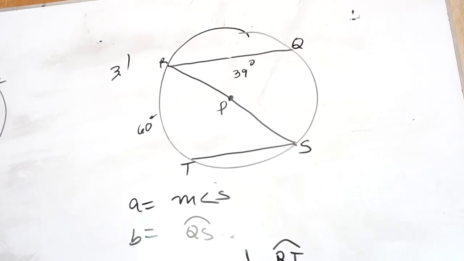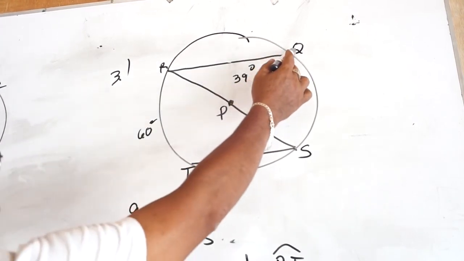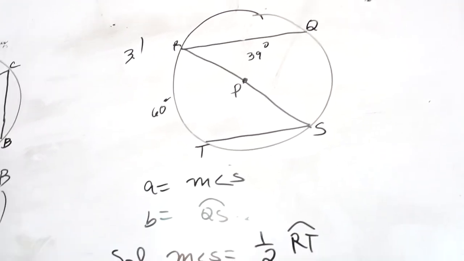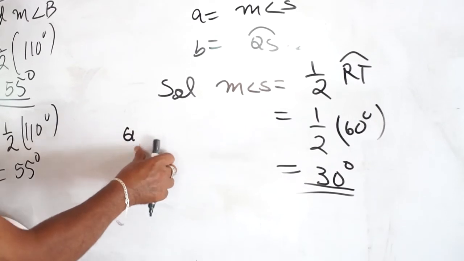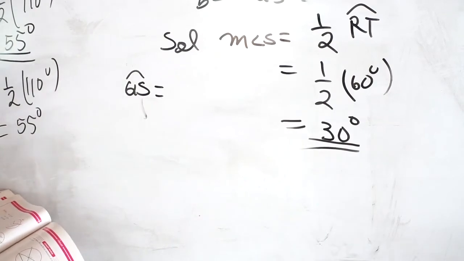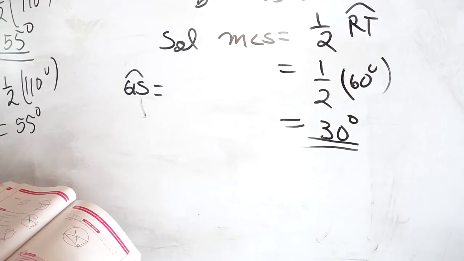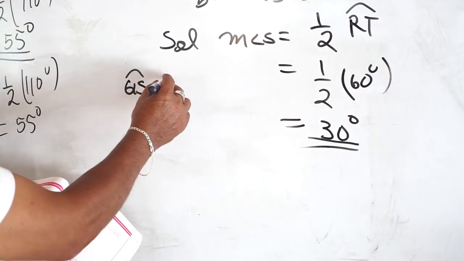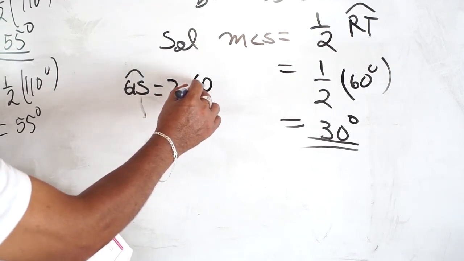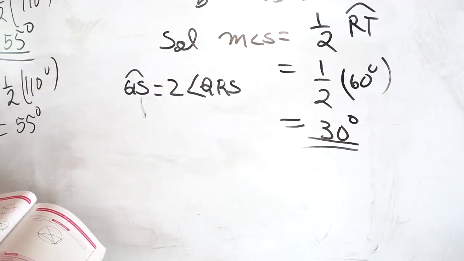Okay, next let us solve arc QS. So we have solved the value of arc QS. The formula is that arc QS is equal to 2 times the measure of angle QRS.